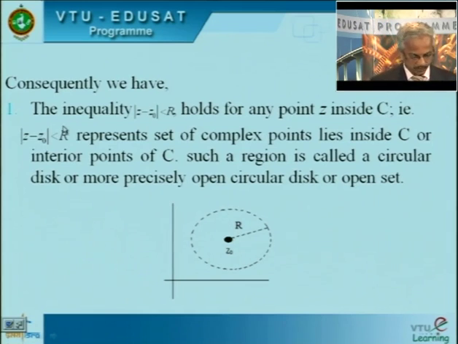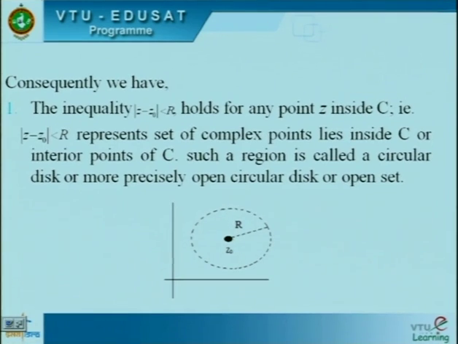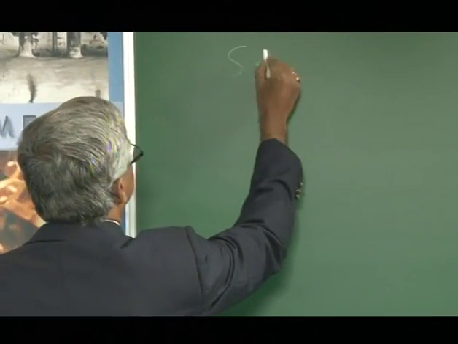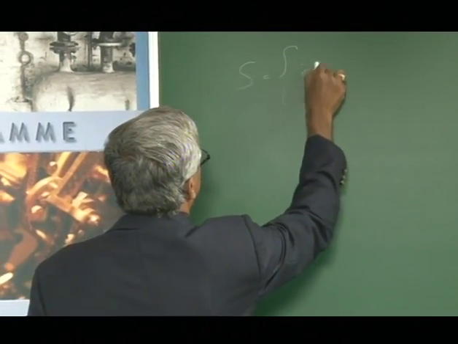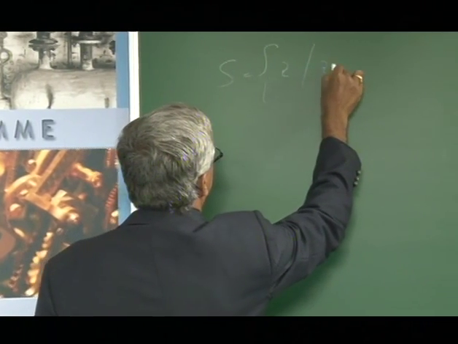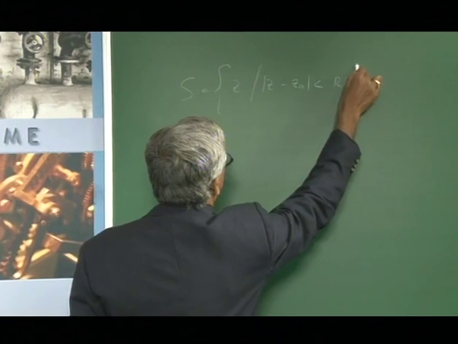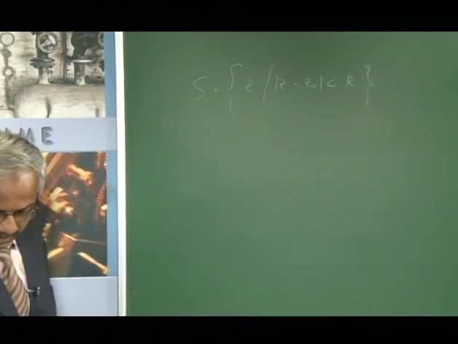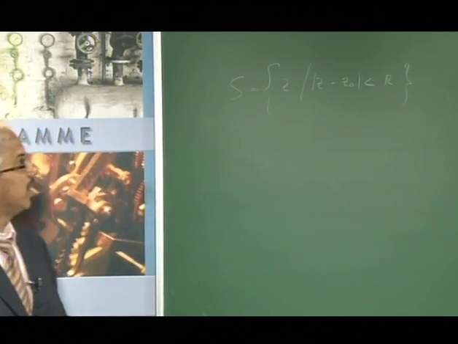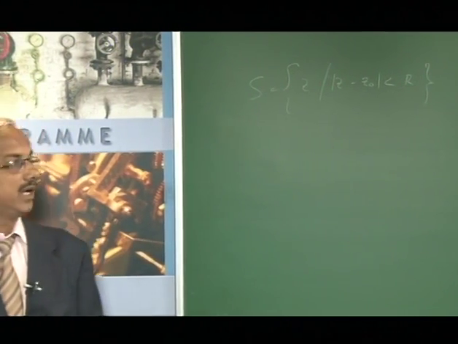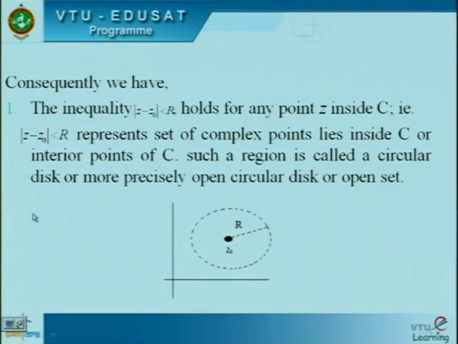This mathematical expression we can also write in this form: the set S of all complex numbers z such that |z - z0| < r represents an open set in the complex number set.